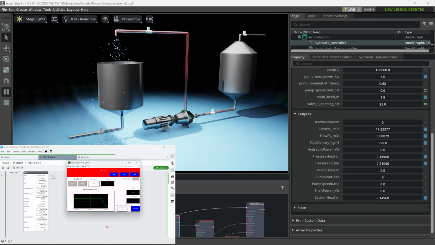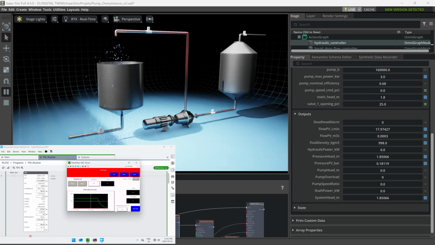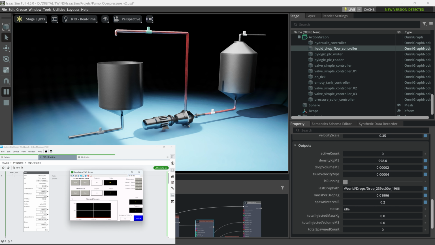Inside the simulation, we immediately see the effect. The particles slow down and the restriction increases. At the same time, the PLC detects the abnormal pressure condition.